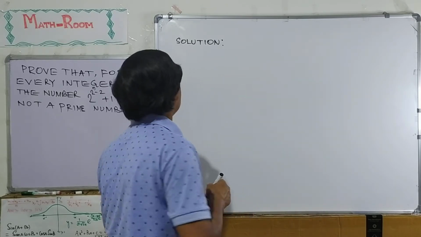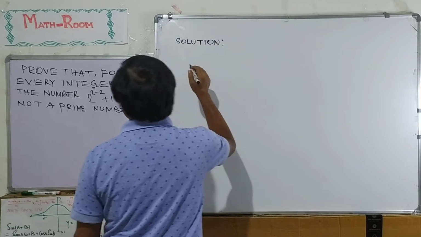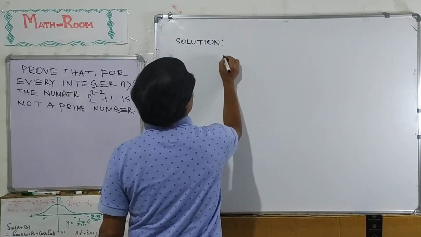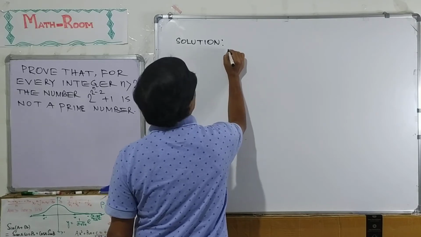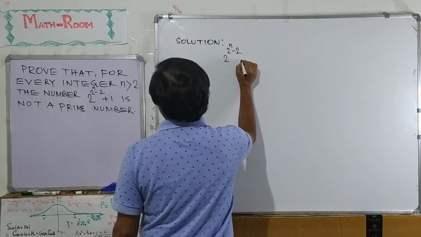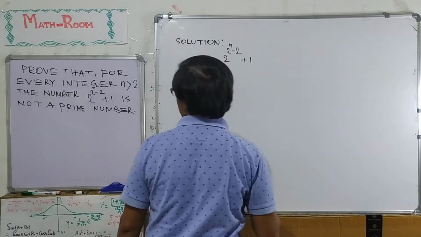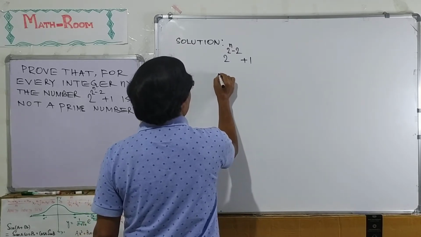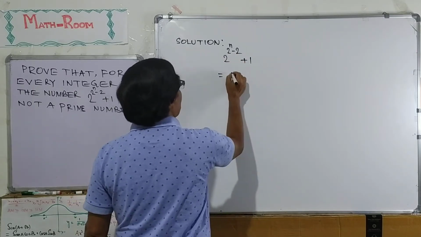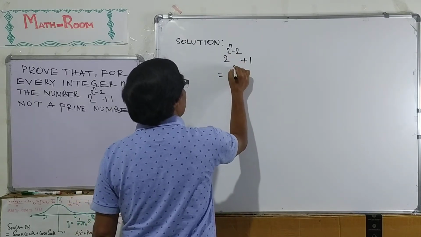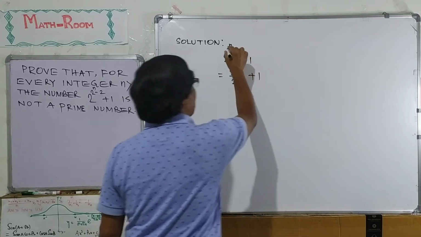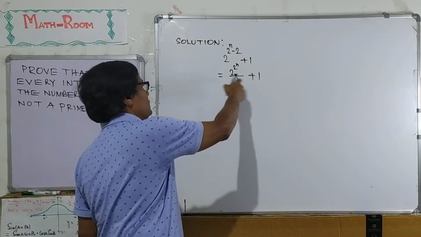Now, let us start. Here we can write this number 2 to the power n minus 2 plus 1 as 2 to the power n over 2 to the power 2 plus 1.